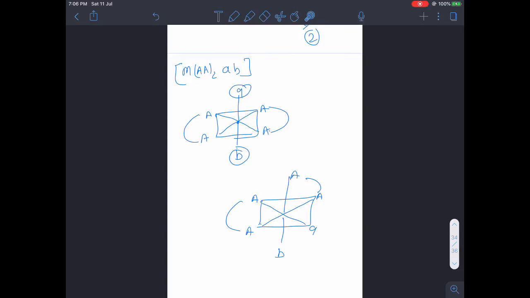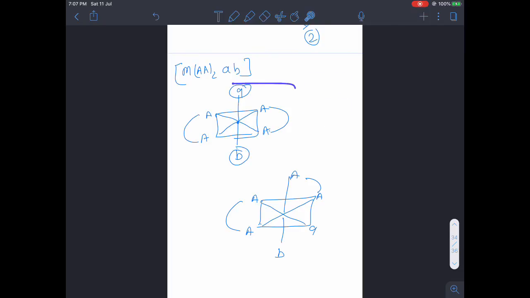In this case we will get optical activity only if the plane of symmetry should not be there and center of symmetry should not be there. So, POS should not be there, COS should not be there. In that case, that form will be optically active.